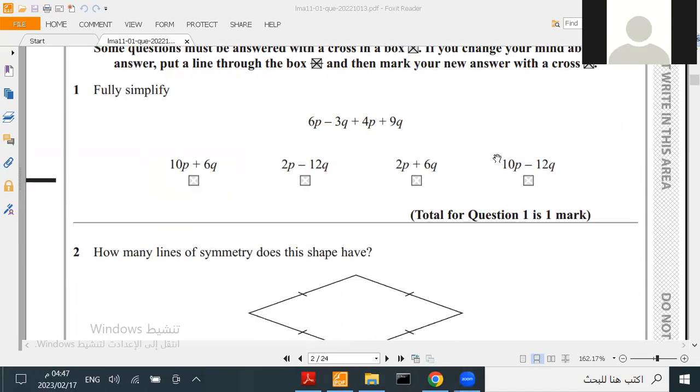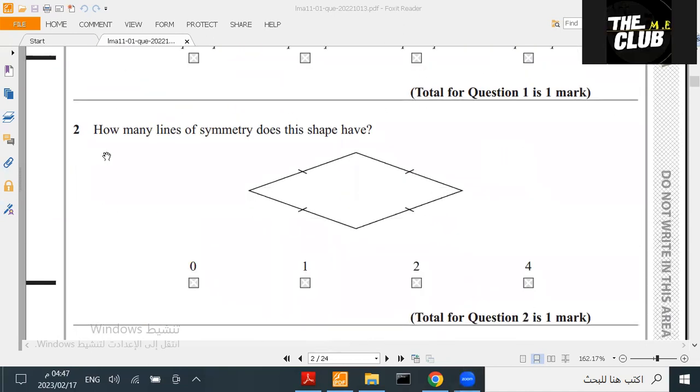Okay. Question 2. How many lines of symmetry does this shape have? Yes. How do we know the lines of symmetry? What is the meaning of line of symmetry? A line of symmetry is a line that divides the shape into two identical shapes.